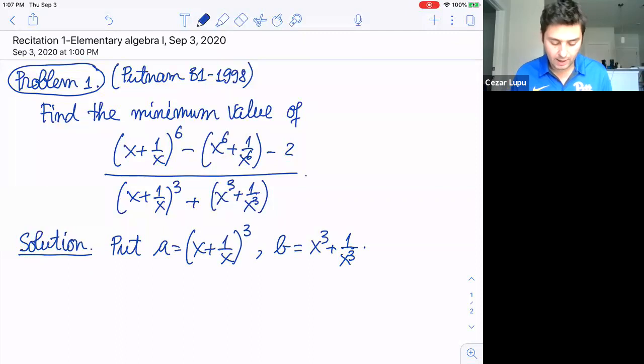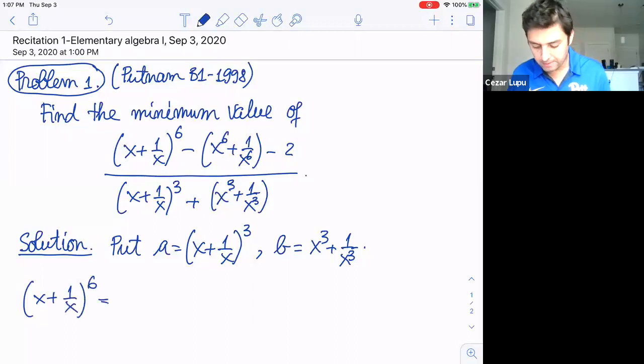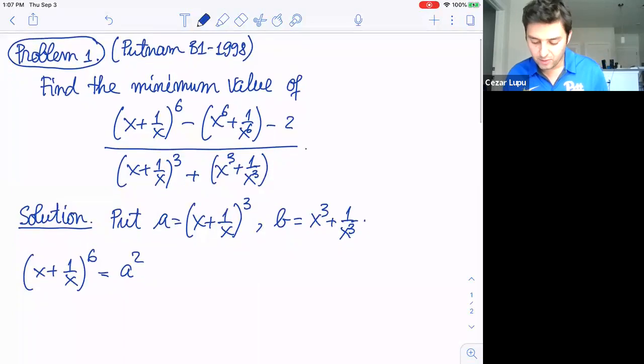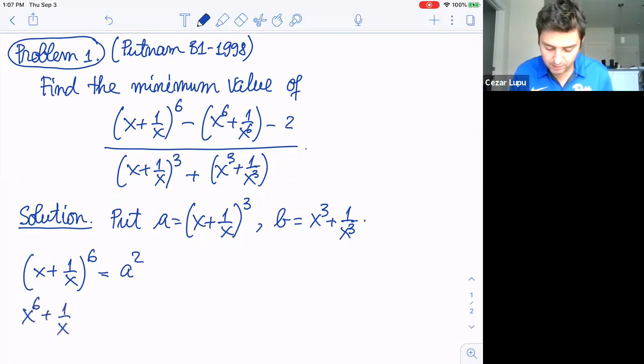If you look at this, x plus 1 over x to the power 6 will be nothing else than just a squared, right? And now, if you look at this, x to the 6 plus 1 over x to the 6 minus 2, well, guess what?